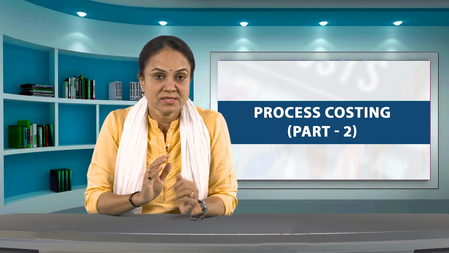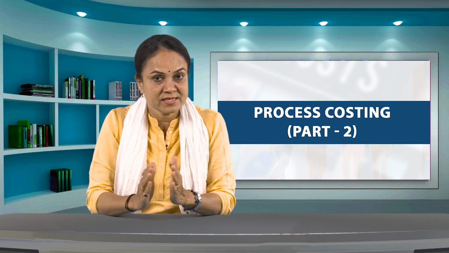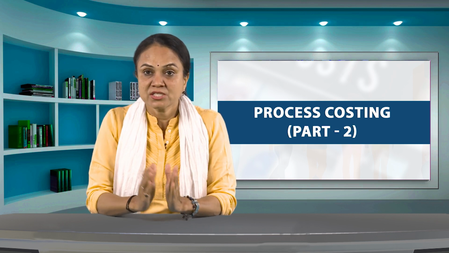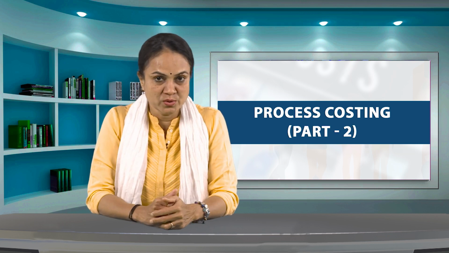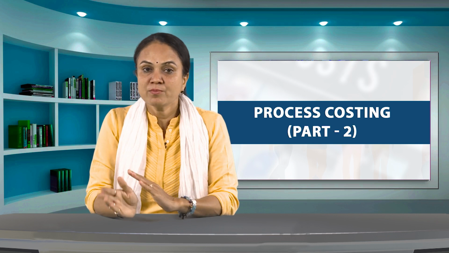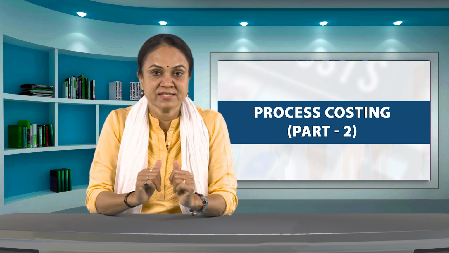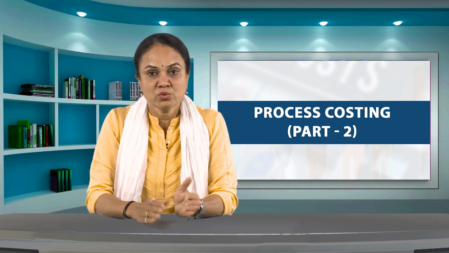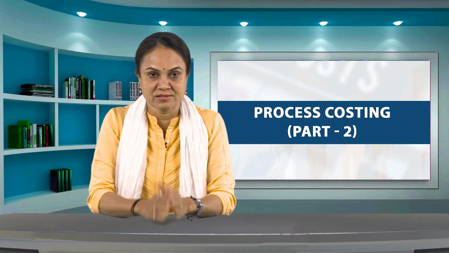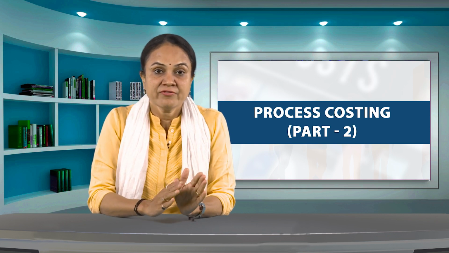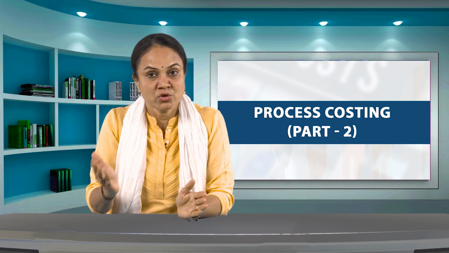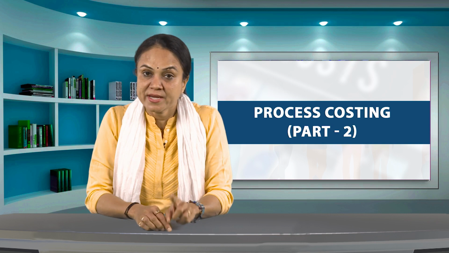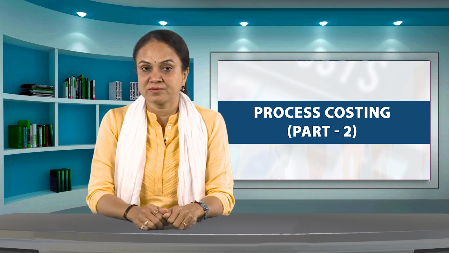Thus, first, as normal wastage is inevitable, its loss must be spread over good units produced. For this, the number of units of normal wastage must be credited to process account concerned. Second, if any price is realized by selling this normal wastage, it should be credited to process account.